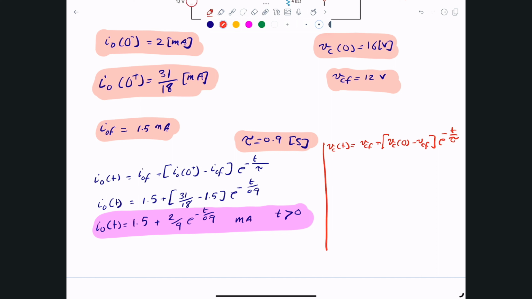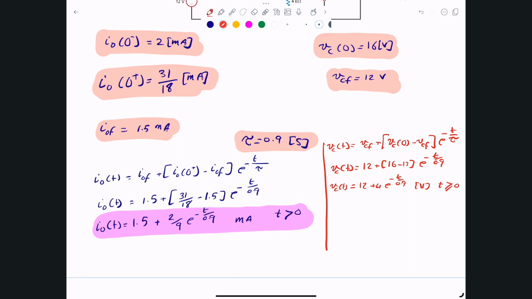So VC of t is simply VC final, which is 12, plus 16 minus 12 times e to the negative t divided by 0.9. That becomes 12 plus 4 e to the negative t divided by 0.9, in volts, for t greater than or equal to 0.